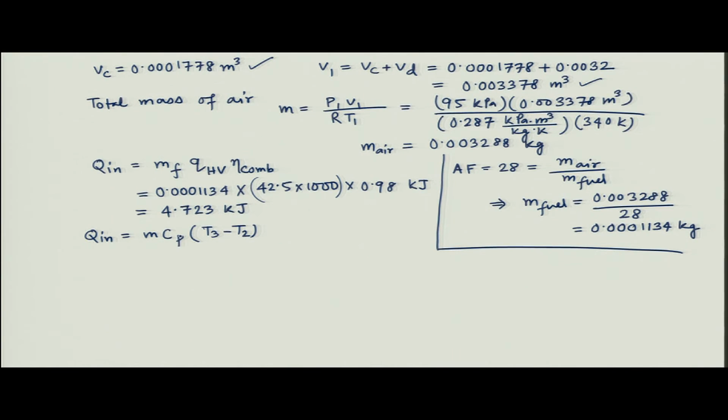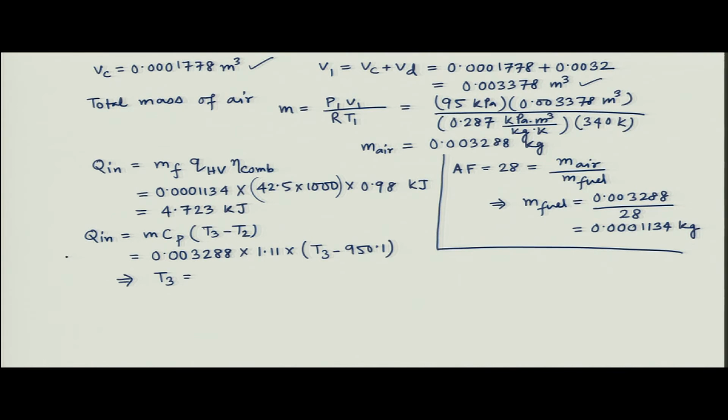Then you have to substitute the numbers. So, m is 0.003288 and Cp we have written as 1.11 times T3 minus T2. T3 we have to find, T2 we already know, that is 950.1 Kelvin. So, from this we can find T3.